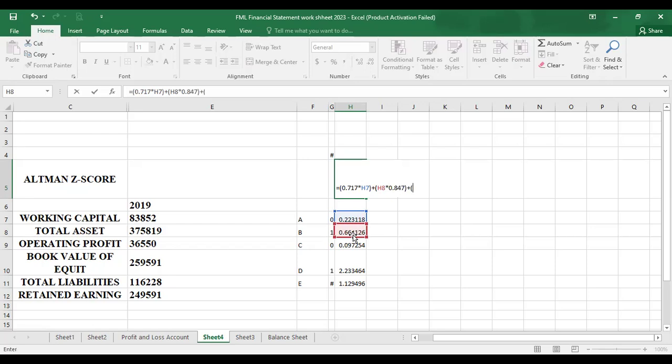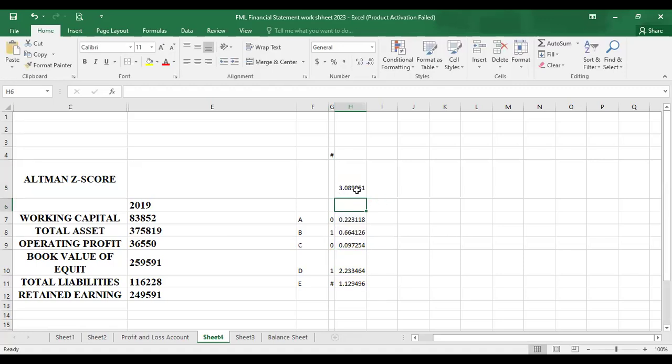Then the third ratio is C. Its weight is 3.107. Plus the fourth ratio, and its weight is 0.420. Then the last ratio, its weight is 0.998.